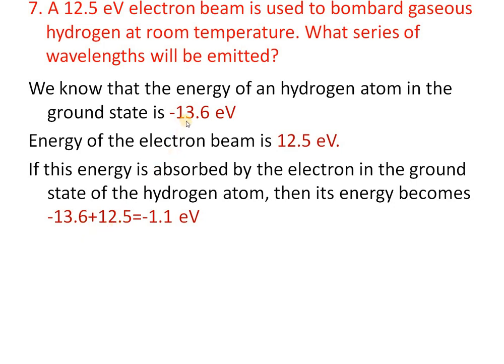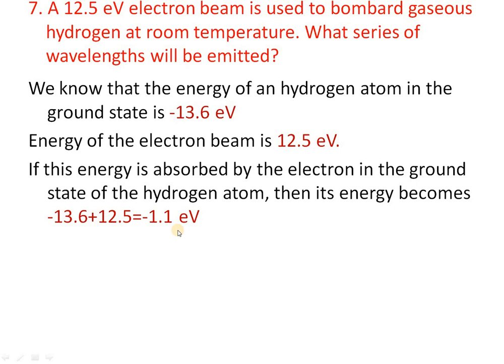Already the electron has energy equal to minus 13.6 electron volt, and externally 12.5 electron volt is supplied. If this energy is absorbed by the electron, then the total energy of the electron in the hydrogen atom becomes minus 13.6 plus 12.5, which is equal to minus 1.1 electron volt.